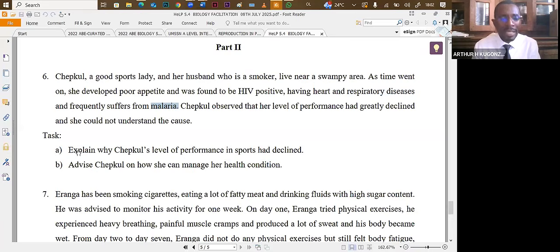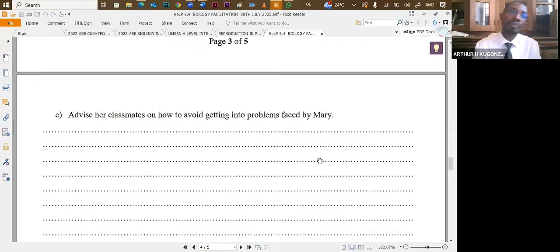So in task A, you have to explain 5 points. You explain how poor appetite leads to poor performance, how being HIV positive leads to poor performance, how having heart diseases leads to poor performance. The skills are the same for all items.